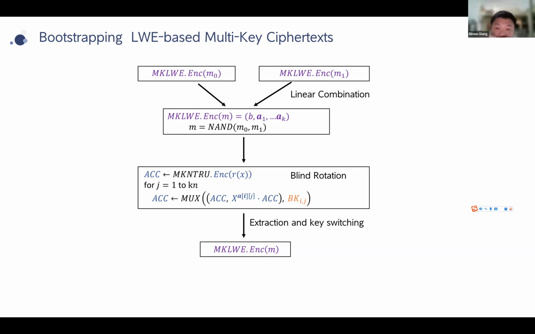However, it's important to note that the key switching step typically requires storing a key of size 100 MB, so it becomes the heaviest storage cost in the bootstrapping. To solve this problem, we also provide a new key switching method.